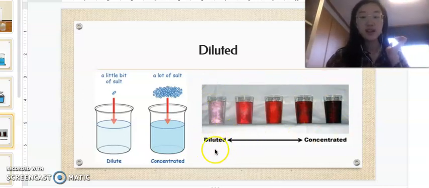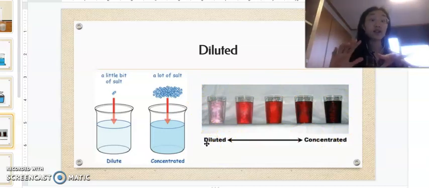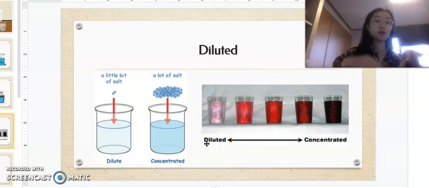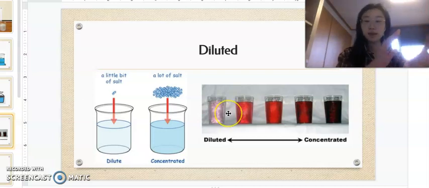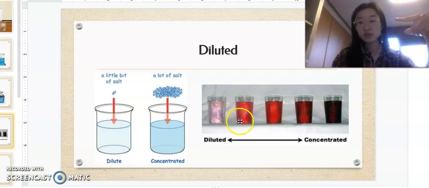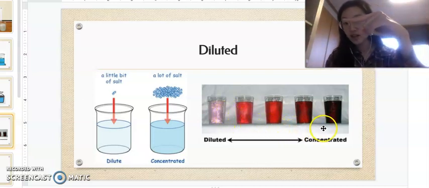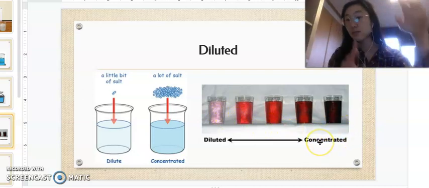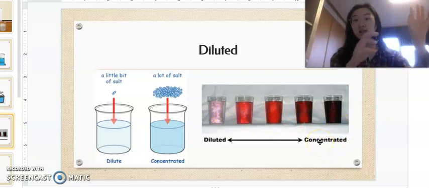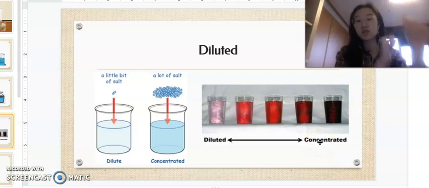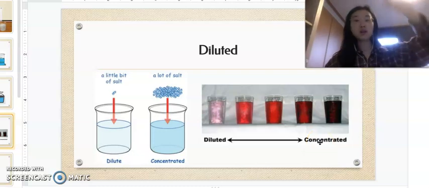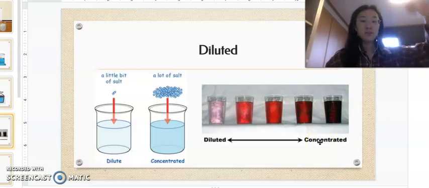Diluted is basically the lightest color. They put the least amount of food coloring, so it's kind of pinkish, right? But then as you go through the scale, it gets darker and darker, and it becomes more concentrated. The color becomes darker because they put more of the red liquid inside the water.